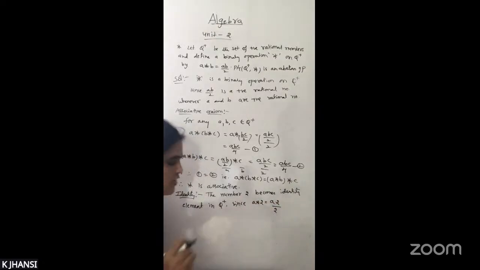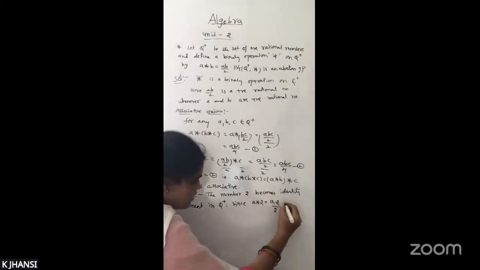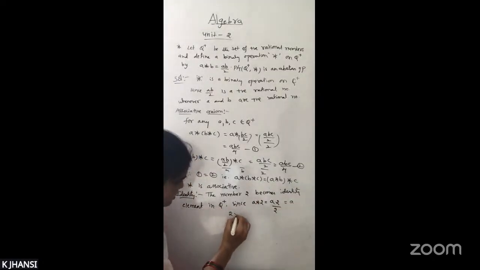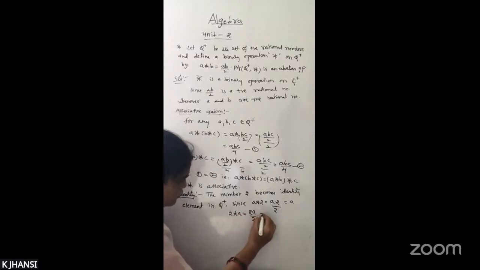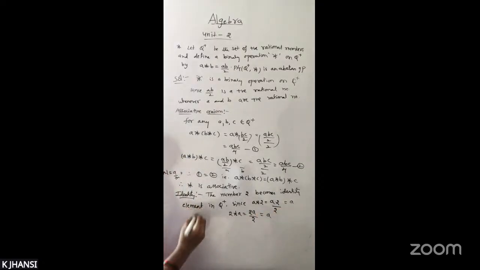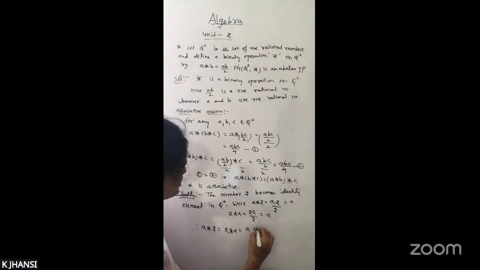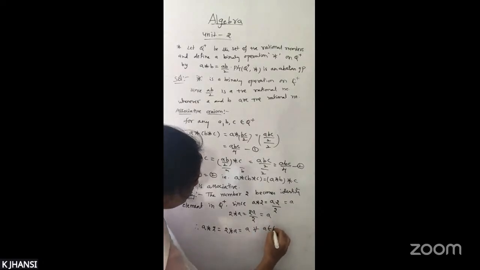This 2 gets cancelled, and the resultant is equal to A. Next, 2 into A is equal to 2A by 2. This 2 will get cancelled, and you will get A. So in both cases you are getting the same. Therefore, A star 2 is equal to 2 star A is equal to A. So here, 2 is called the identity element.